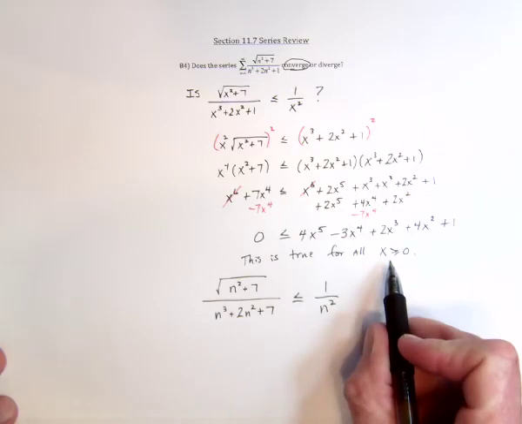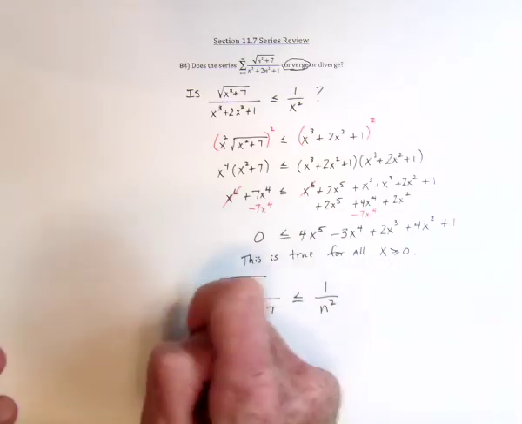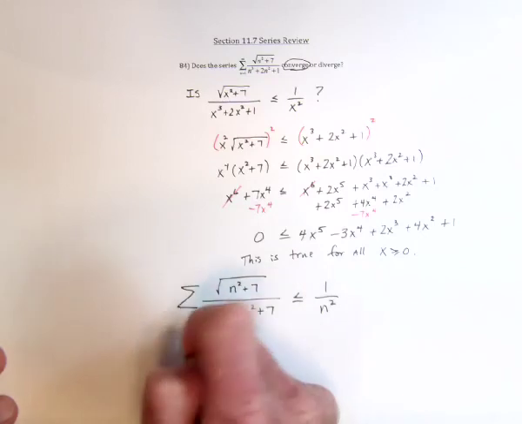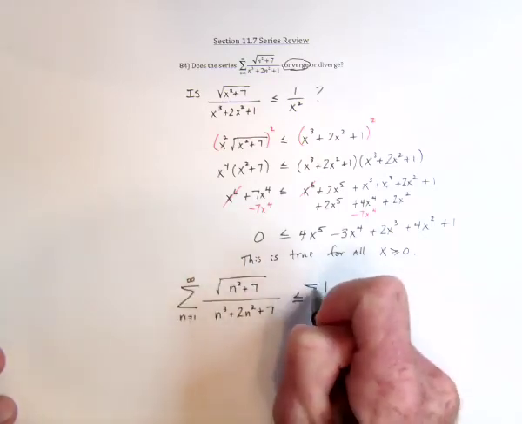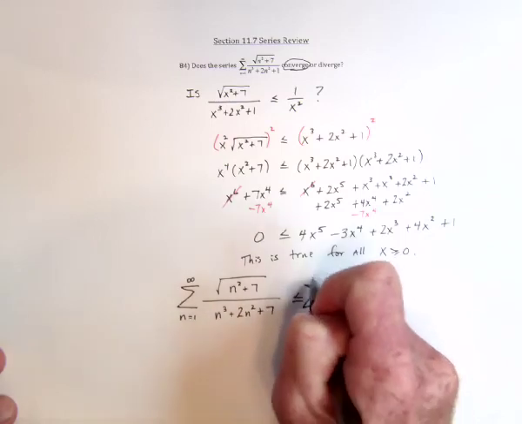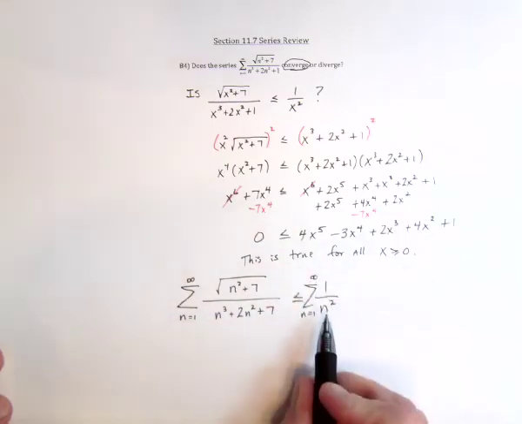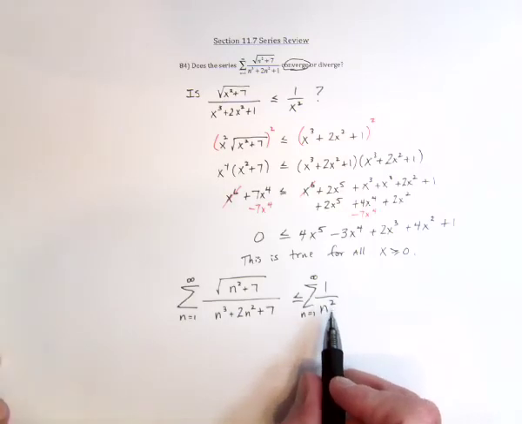So that's for all n's bigger than or equal to 0. And that means that it's also true for the sum, as n goes from 1 to infinity. And then this one is a convergent p-series, the p being the exponent. Since the exponent is bigger than 1, it converges.